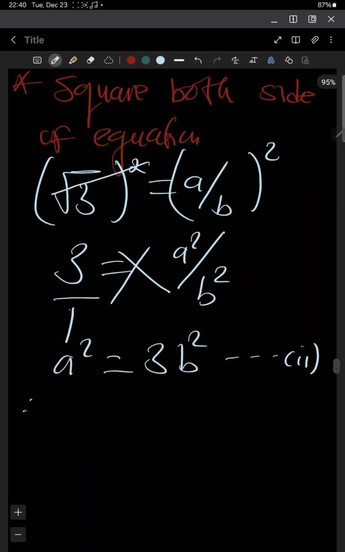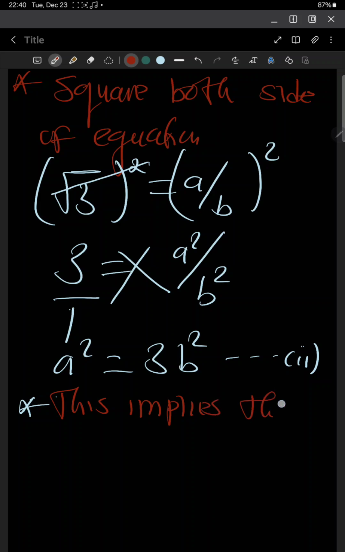This implies that A square is an even number, not an even number, it should be odd because 3 is odd.